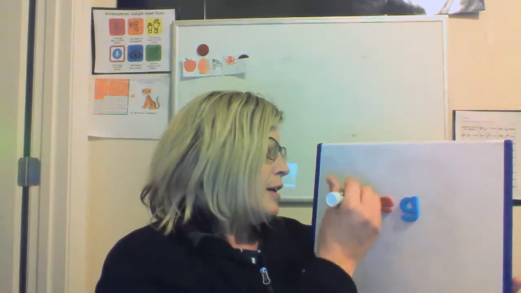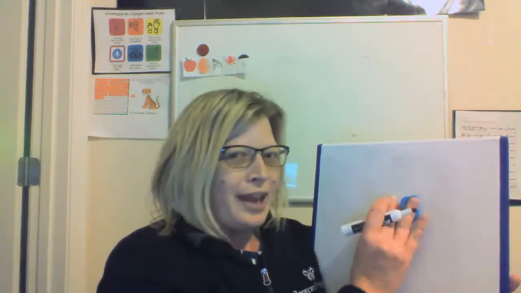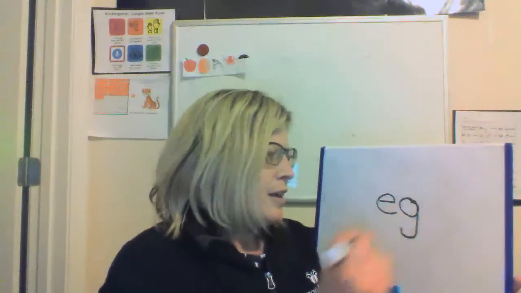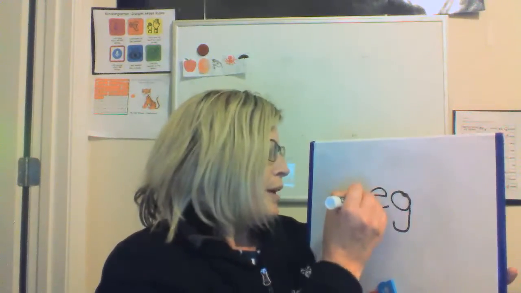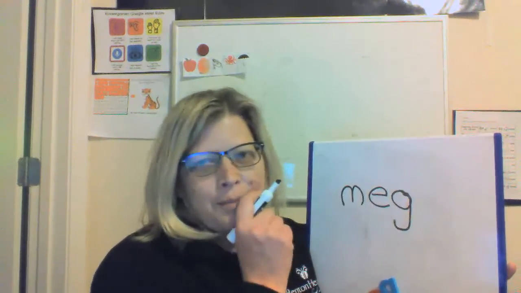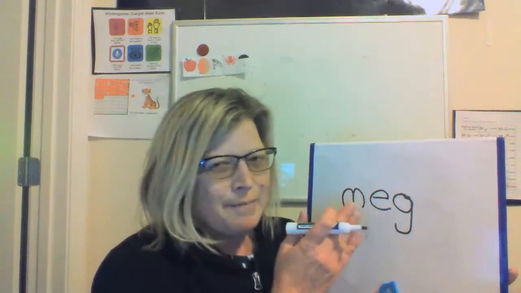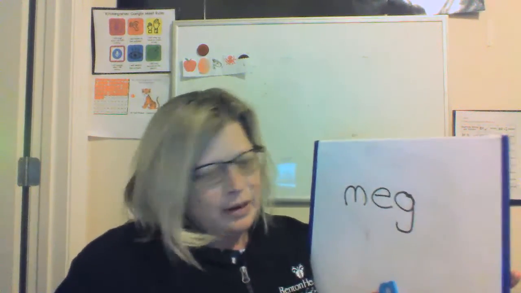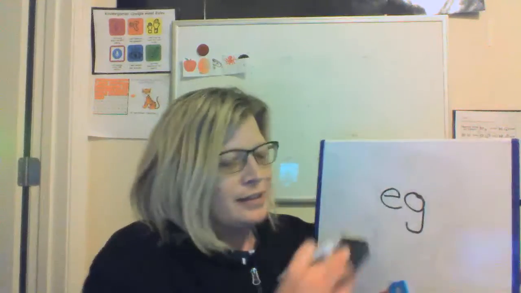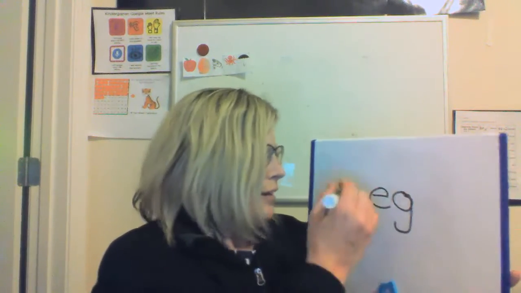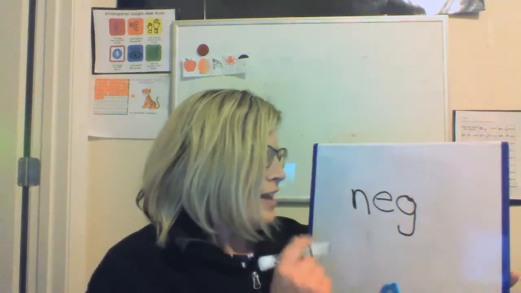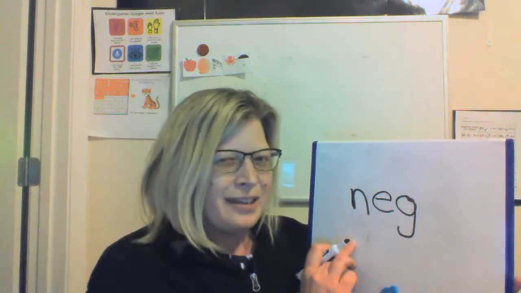All right, my next one would be, and don't forget, if I don't have magnets, it's okay, I can write it. My next one would be M. Meg. Meg is a name, so it is a word. The next letter is N. Neg. That sounds like an abbreviation.